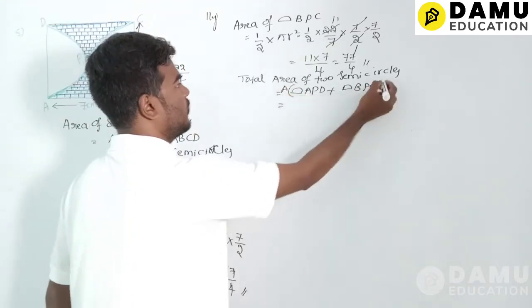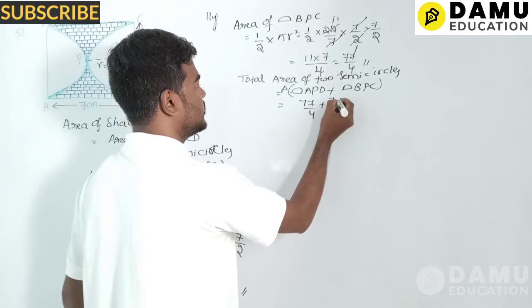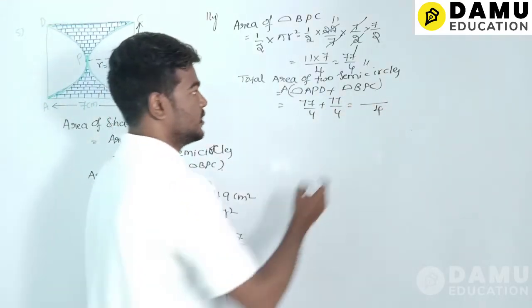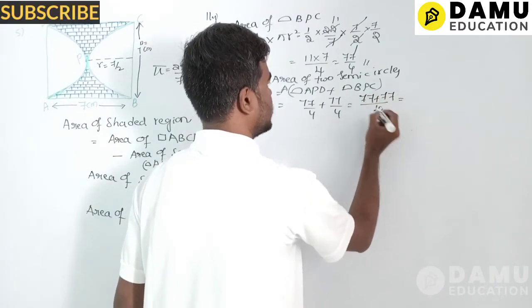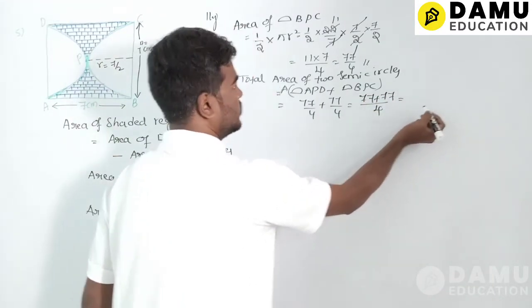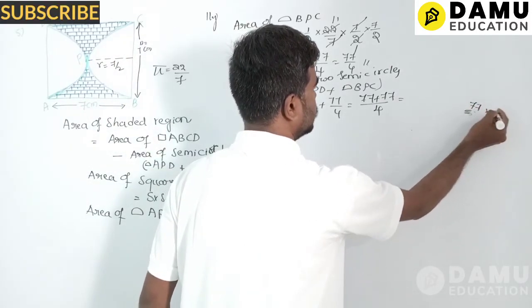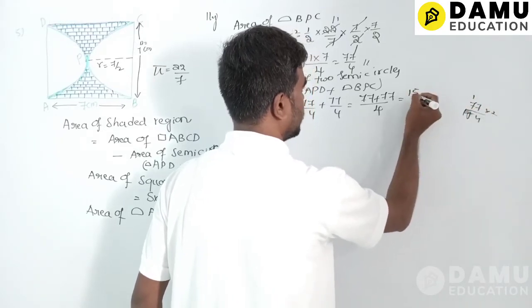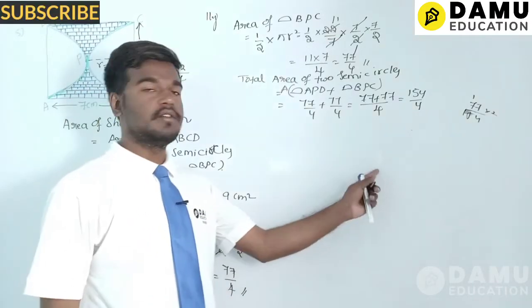So the total area of these two semicircles is 77 by 4 plus 77 by 4. With LCM 4, we get 77 plus 77, that is 77 into 2. 2 sevens are 14, so 154 by 4. So this is the one.